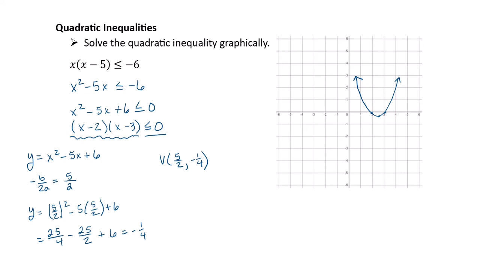And for us, that means we're going to want this piece, the part that's between 2 and 3. And that's our solution. 2 to 3, including those endpoints, is the place where the graph is going to be below 0, below the x-axis, or right at the x-axis.